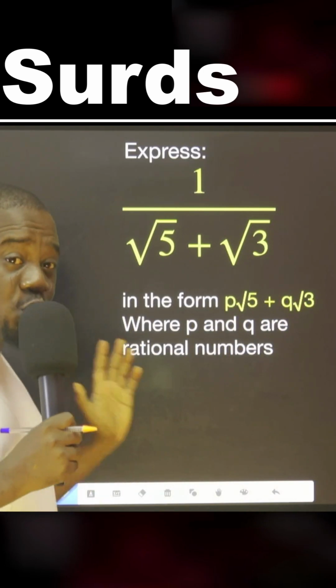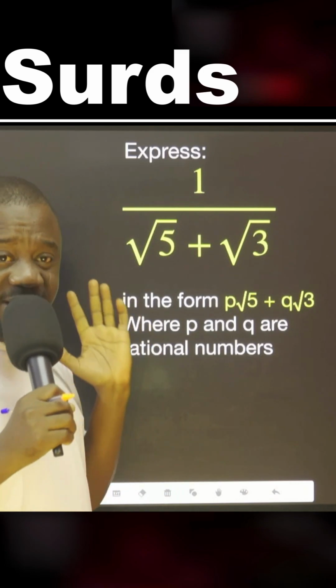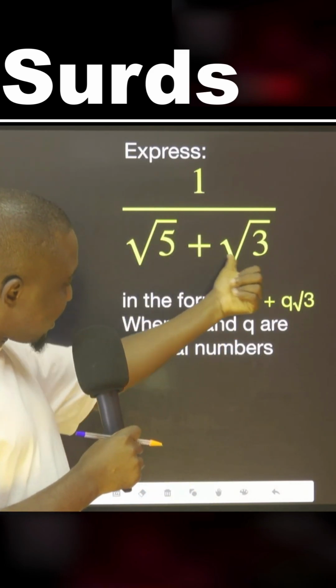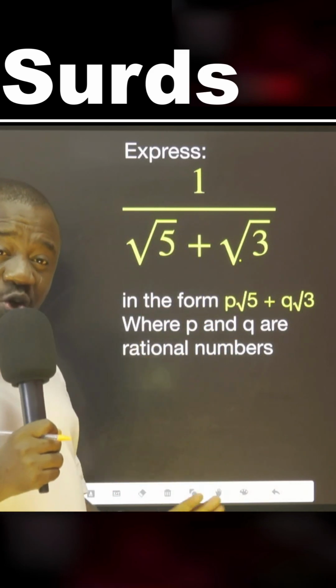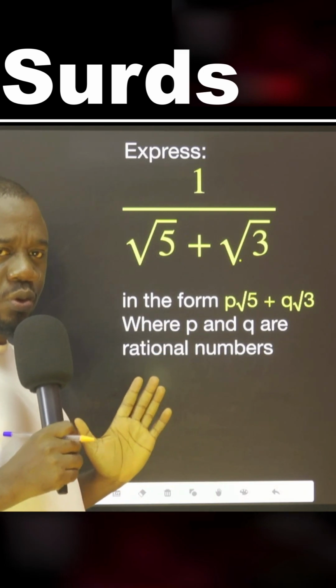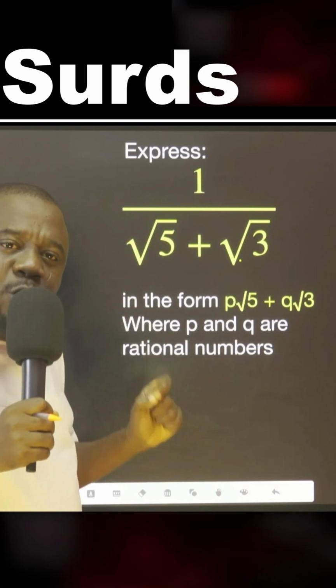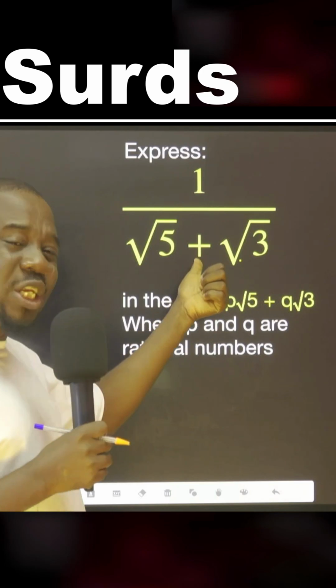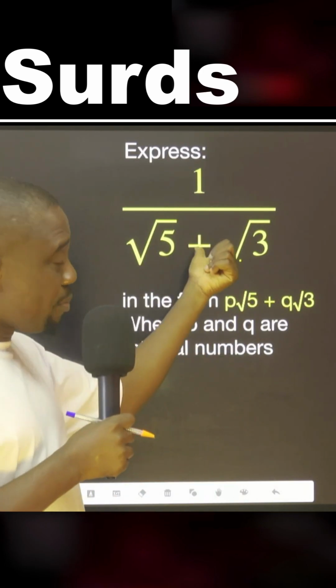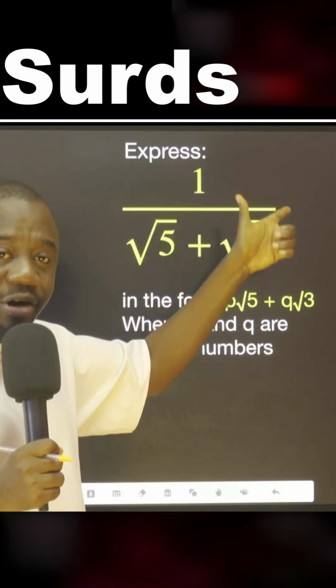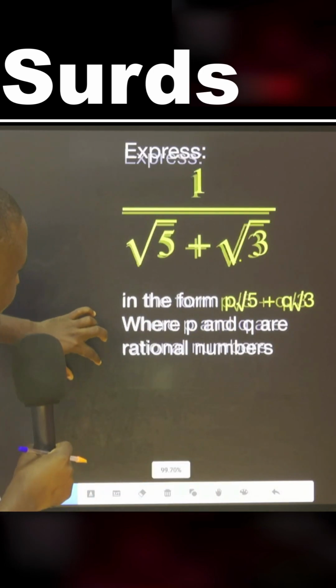The first thing you need to do, if you see anything like this, as I've been saying, is make sure that in this denominator there is no square root. The only way you can do that is to use the conjugate of this denominator to multiply the numerator and the denominator. Let me show you.